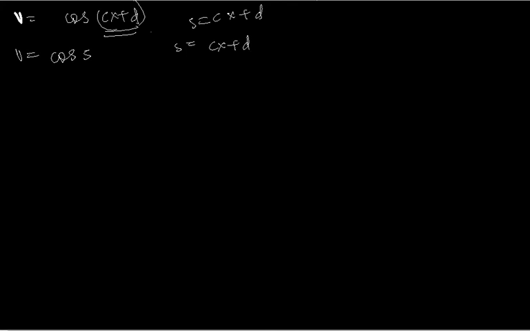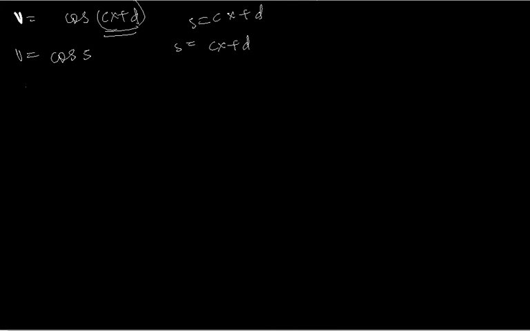Similarly, you can also see that your v is equal to cos of cx plus d. Assume cx plus d, say, is equal to s. So your v is equal to cos of s, and s is equal to cx plus d.